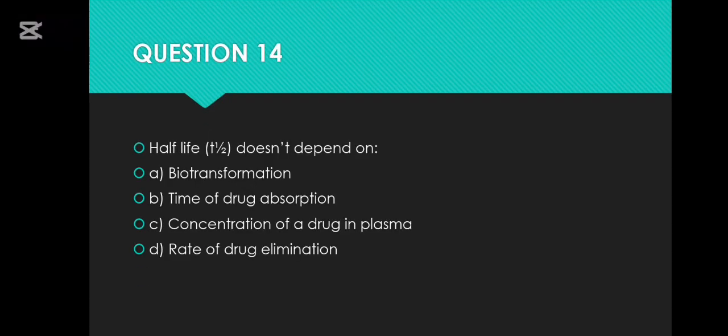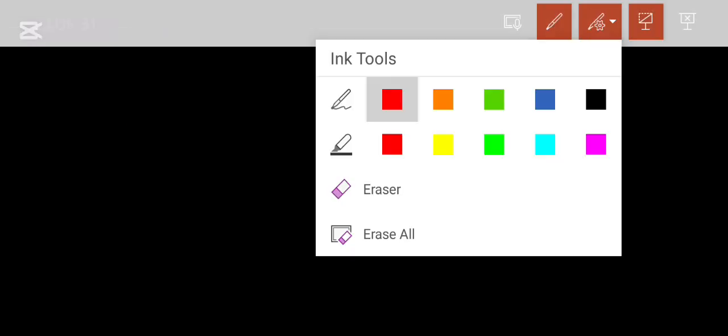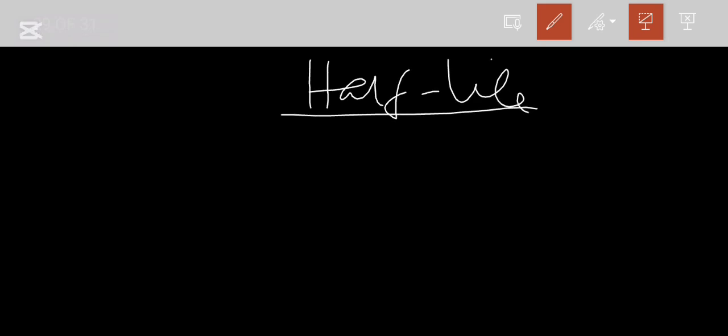So question 14 is saying half-life doesn't depend on... First of all, you should understand what we mean by half-life. Because if you understand what we mean by half-life, it's going to be super simple for you to understand what it can depend on.